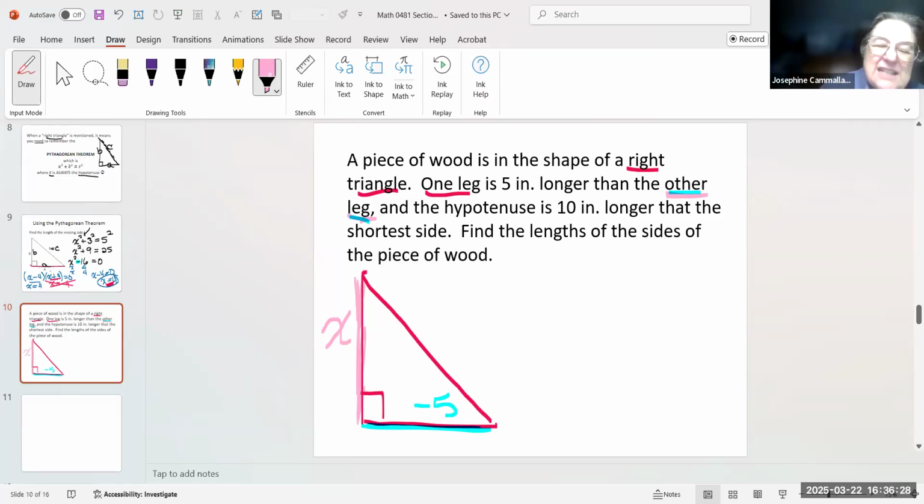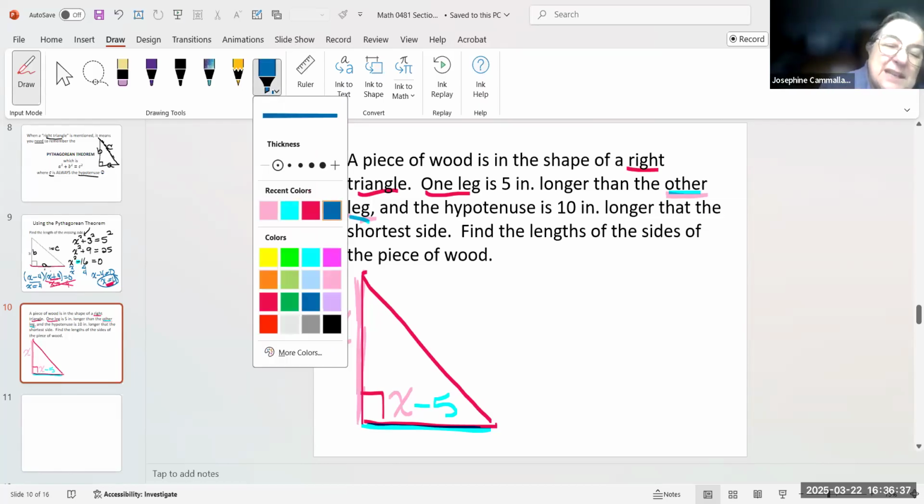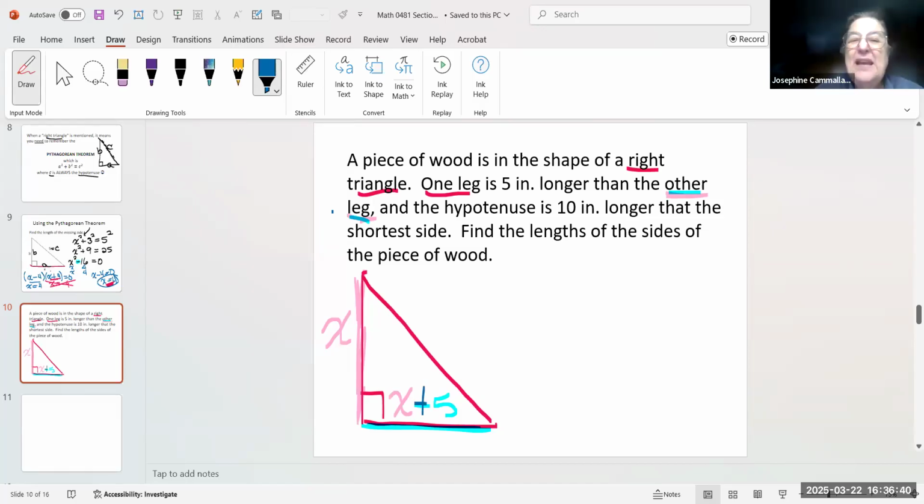That's going to be X. Longer means plus. But I don't know what its length is, so I got to give it X. But the hypotenuse, okay, that is 10 inches longer than the shortest side.